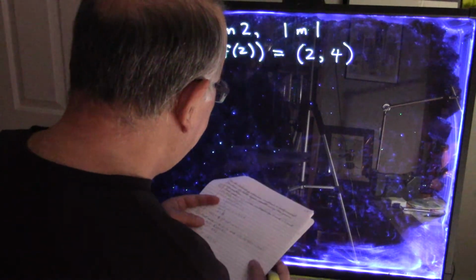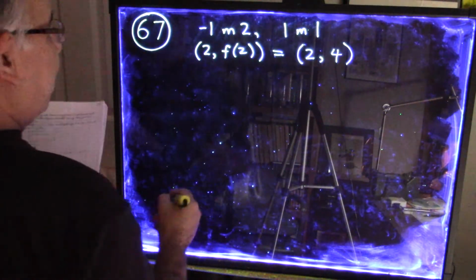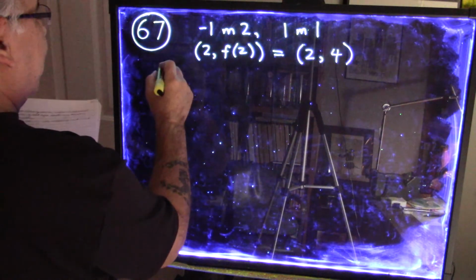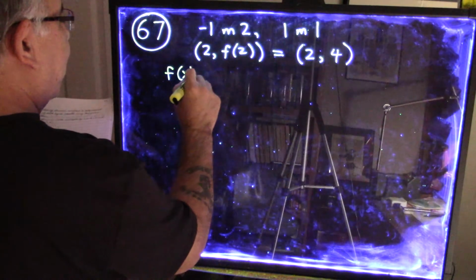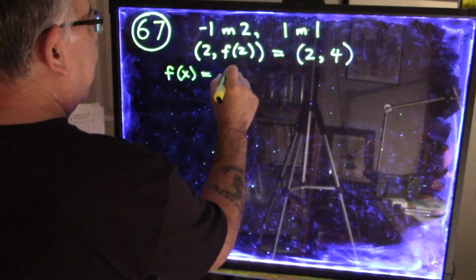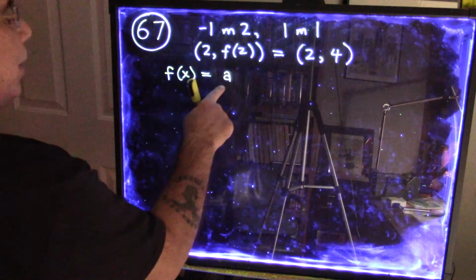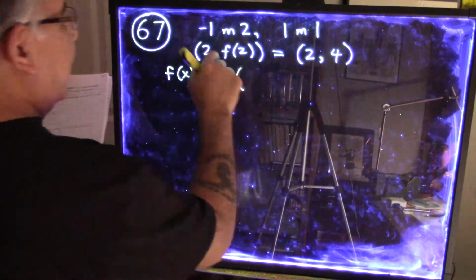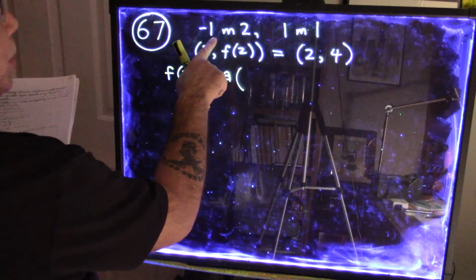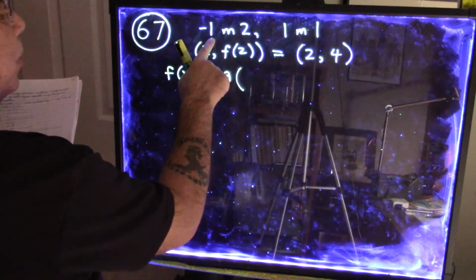Alright, so how do you make this polynomial up? Well, you just use the given information. f of x is going to equal some non-zero constant a, put that out in front. And then you take into account this is a root or a 0 of multiplicity 2.